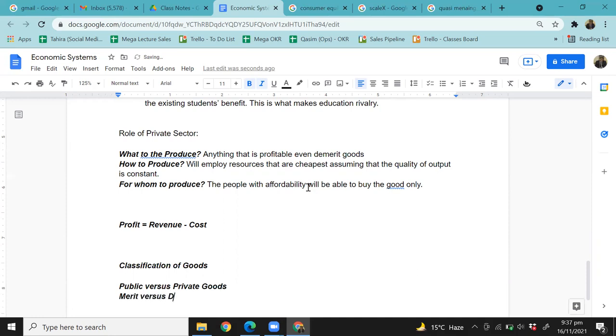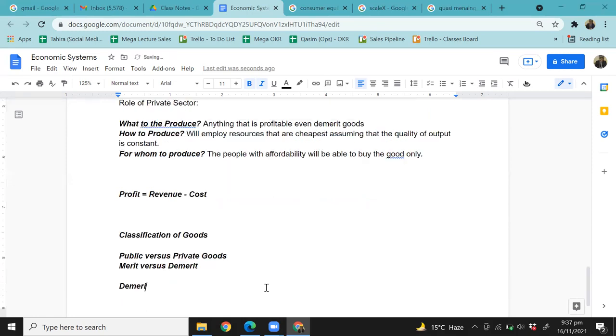Demerit goods are goods that are harmful for the consumers. What are those products? Tobacco, cigarettes. They are overproduced and overconsumed. So demerit goods are anything that's harmful for the consumers, but they do not fully realize the harmful effect.